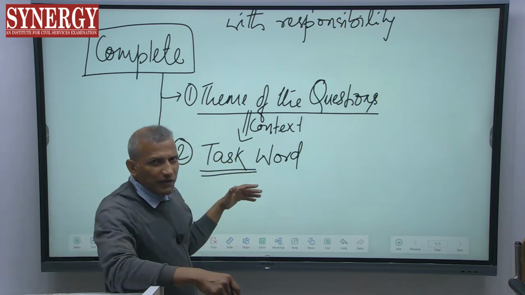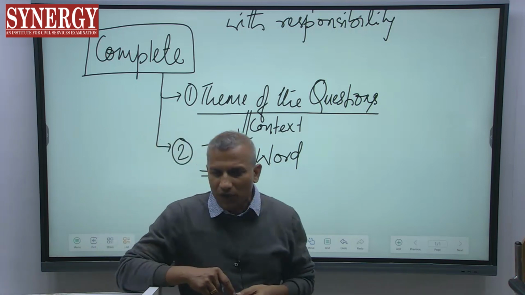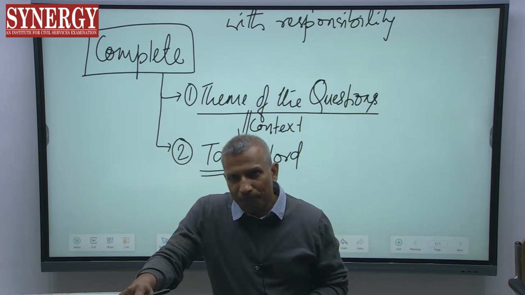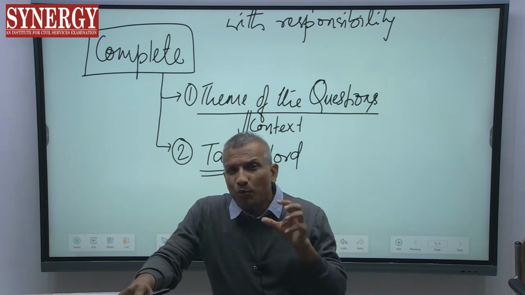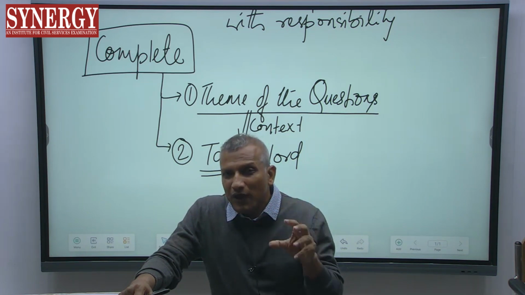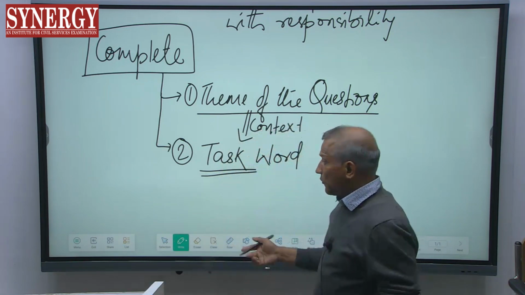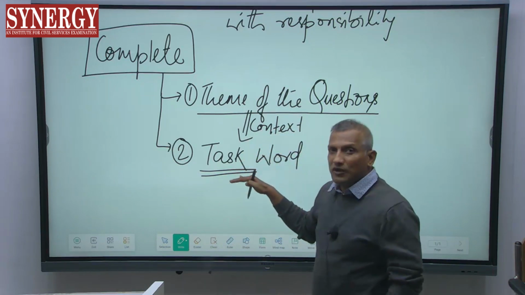While going through the question, you might come across comment, discuss, elaborate, illustrate, explain, analyze, evaluate, elucidate, or critically analyze. These are what is generally referred to as task words. So you need to be careful about the task word.